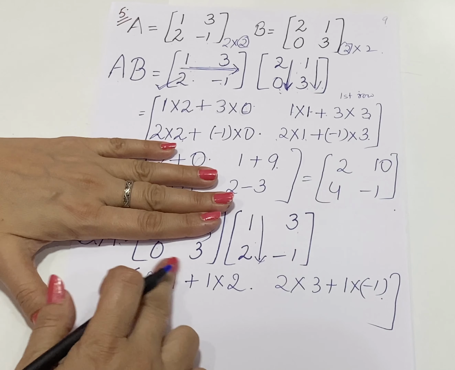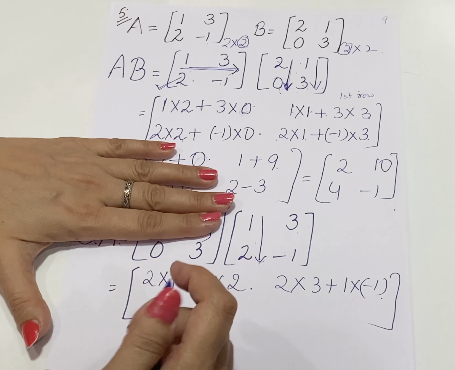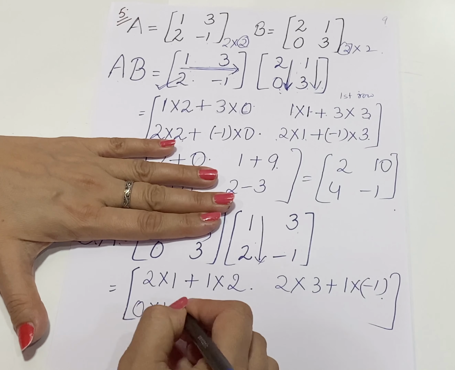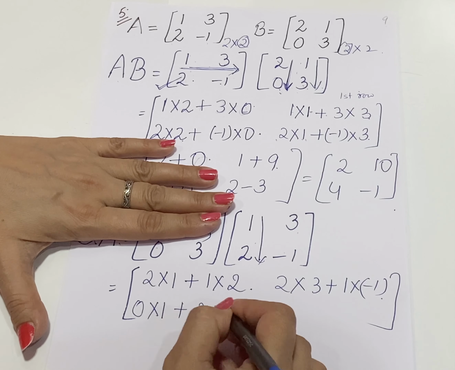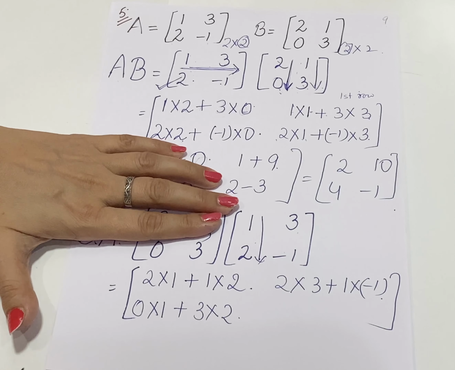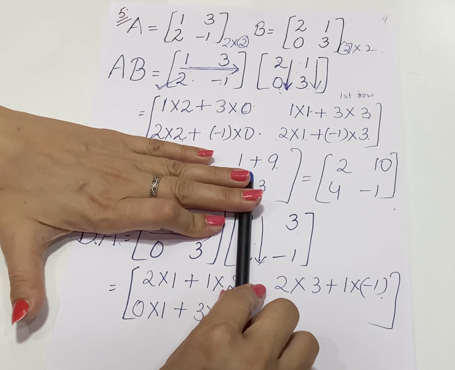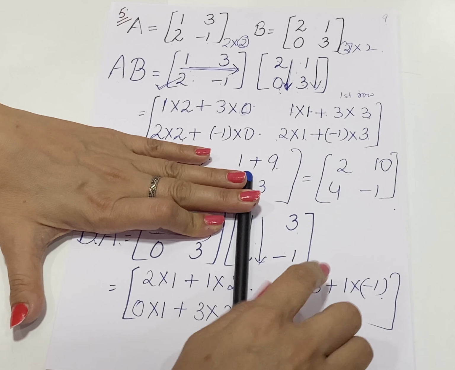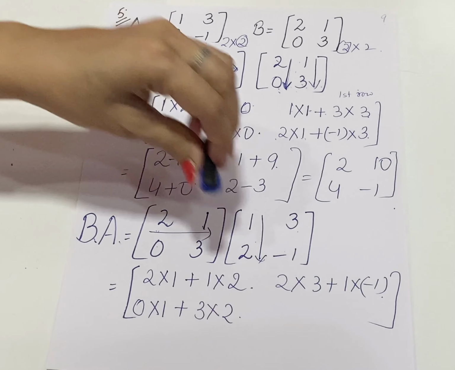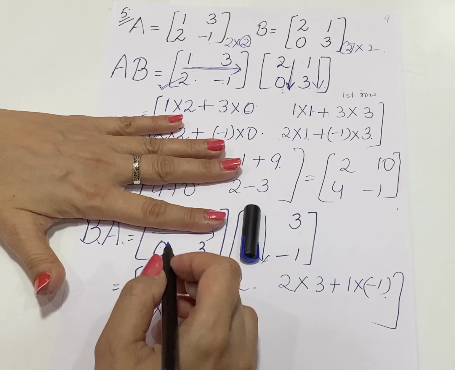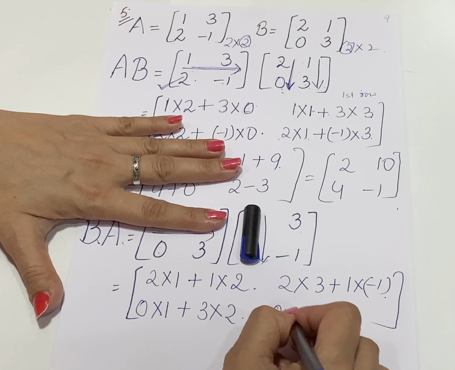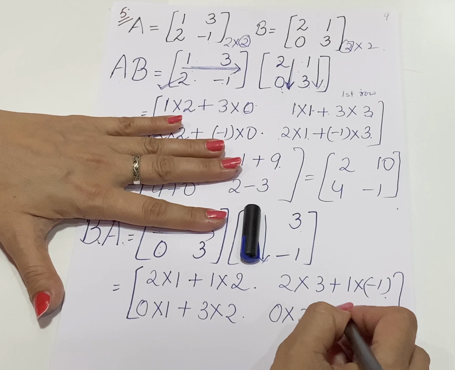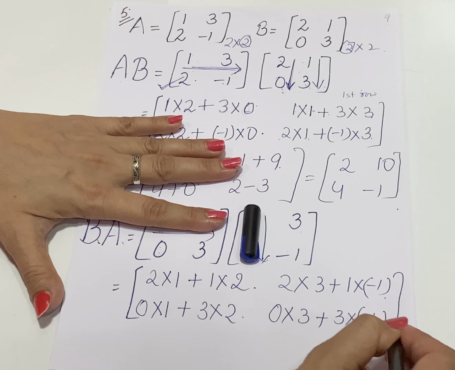Right? Now I am taking second row and first column: 0 into 1 plus 3 into 2. Then second row and second column. This is the second row and this is the second column we are taking, and we are going to multiply the corresponding elements. So this is 0 into 3 plus 3 into minus 1.